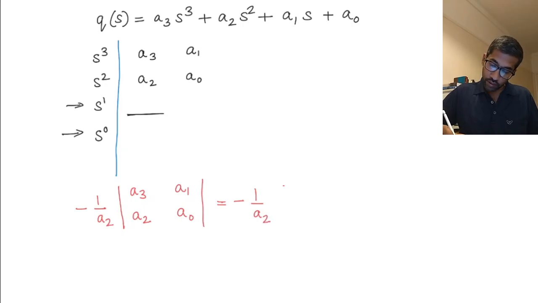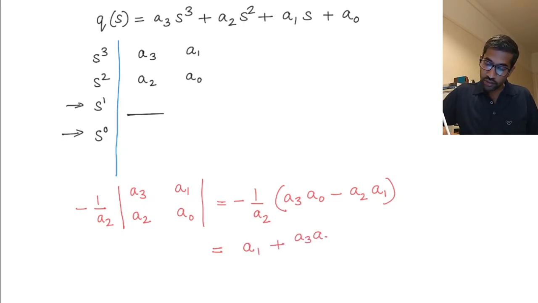You get a3 a0 minus a2 a1 over a2, and you can write this as a1 plus a3 a0 over a2. Sorry, this is going to be minus here, not plus. So this is going to be minus, right?